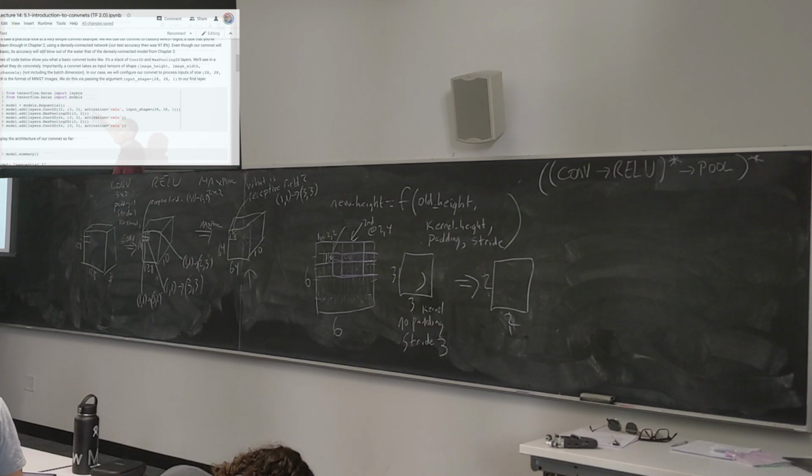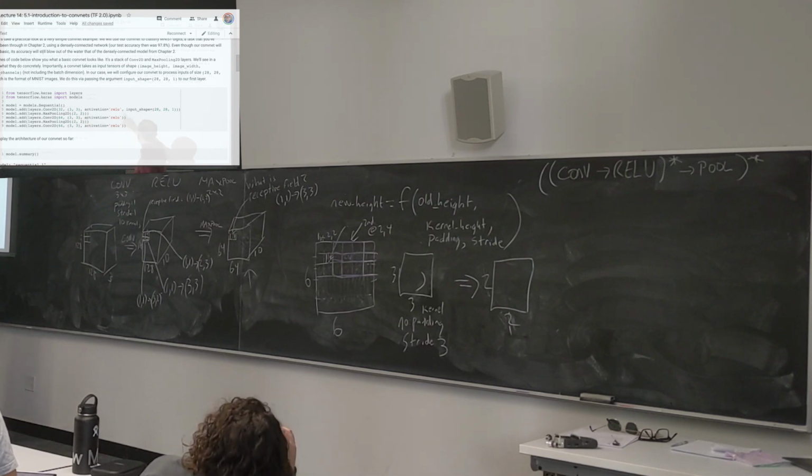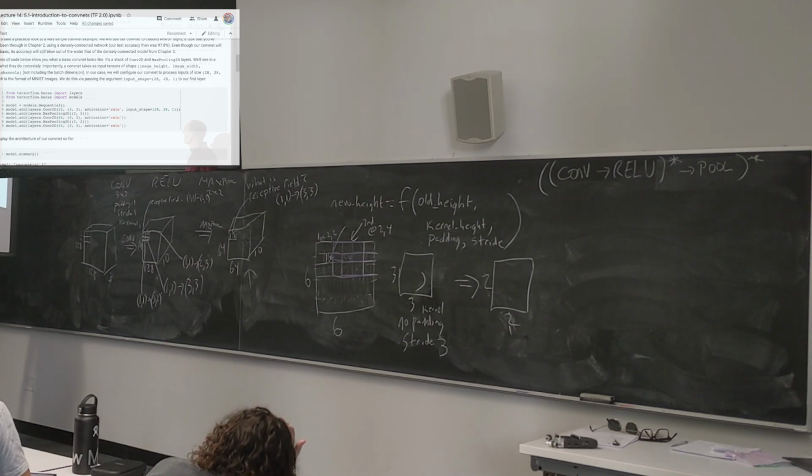It's 3 by 3. How many do we have? 32. We're going to use a ReLU activation function. The input is going to be a 28 by 28. We're going to have a max pooling layer that's a 2 by 2. And then another 3 by 3 kernels.